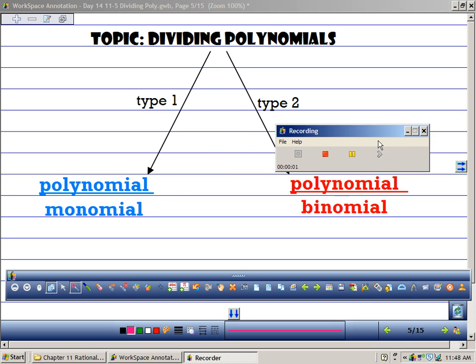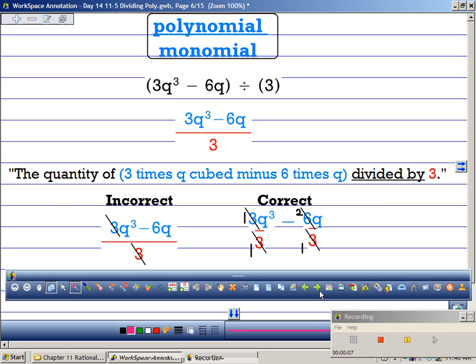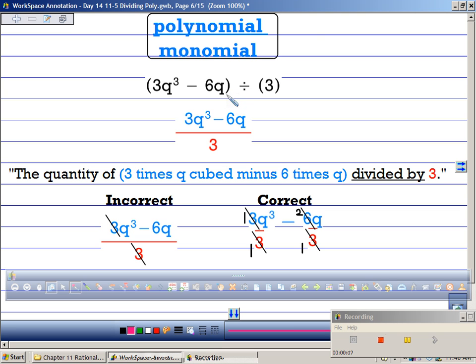So from yesterday, can somebody put in their own words what it means when we divide a polynomial by a monomial? What does that mean? But what do you do with that?